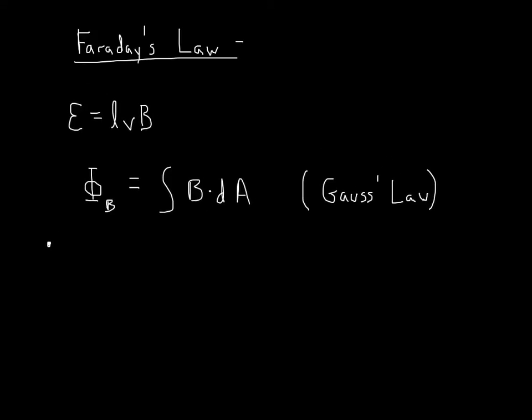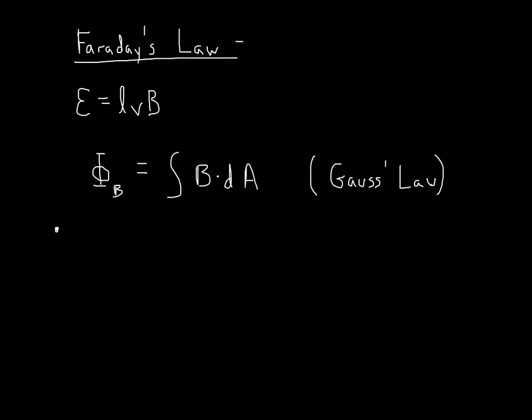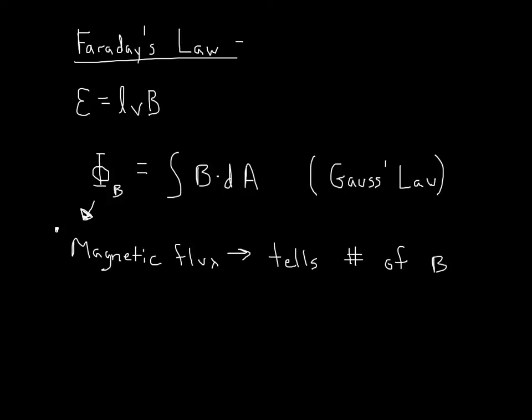So this first term, this uppercase omega sub b, stands for magnetic flux. And the magnetic flux is similar to the electric flux. It tells you the number of magnetic field lines that pass through a surface.